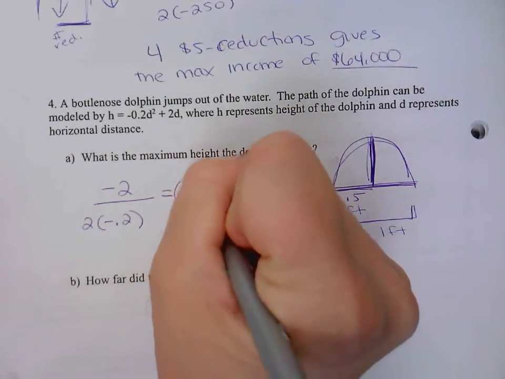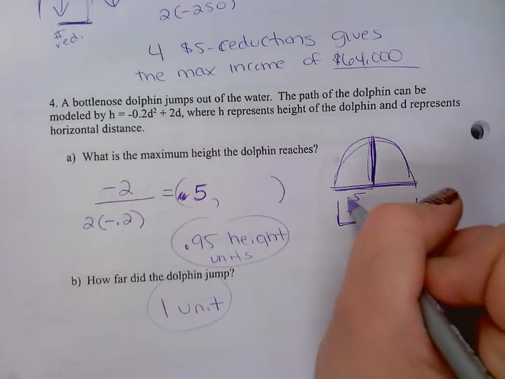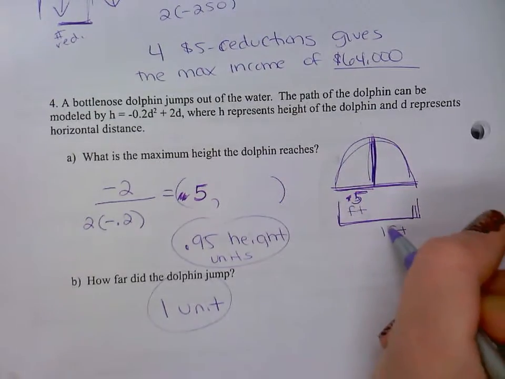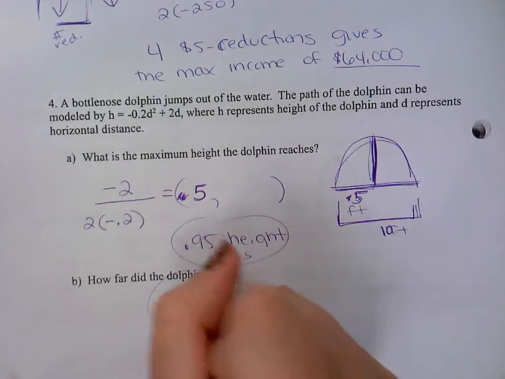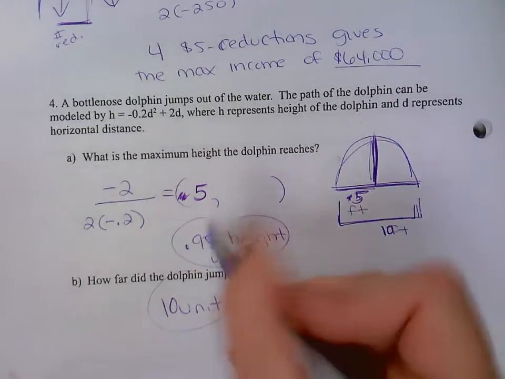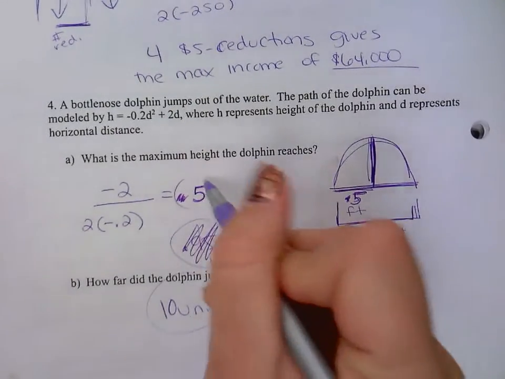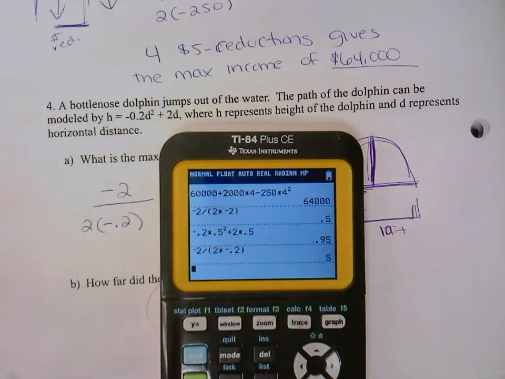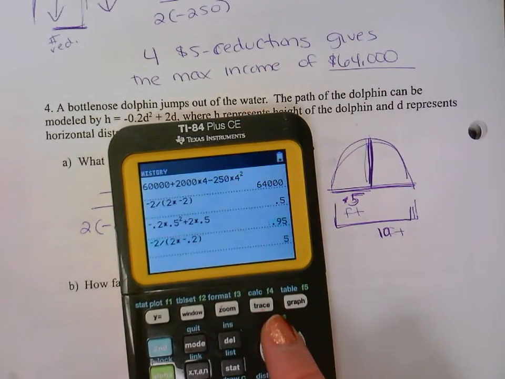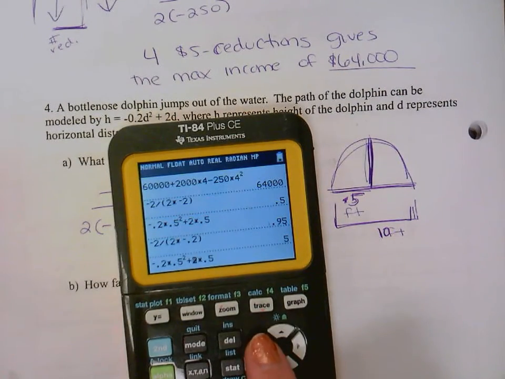So the total distance jumped, if this was 5 feet, is 10 feet, or 10 units. So now I'm just going to replug in that 5 as the x value of my function, because I plugged in 0.5 because I missed that decimal point. So I'm just going to replug in 5.